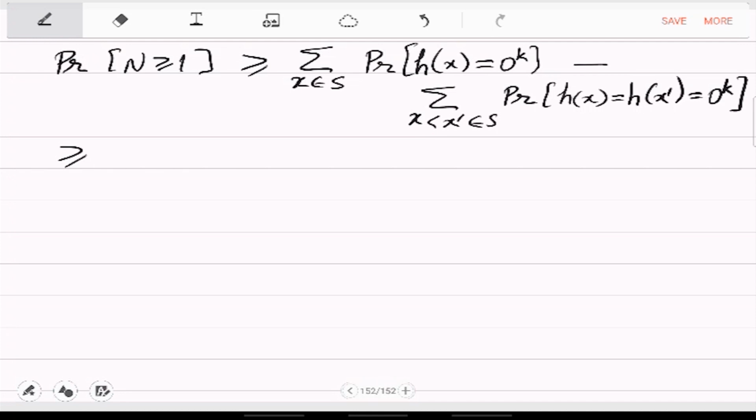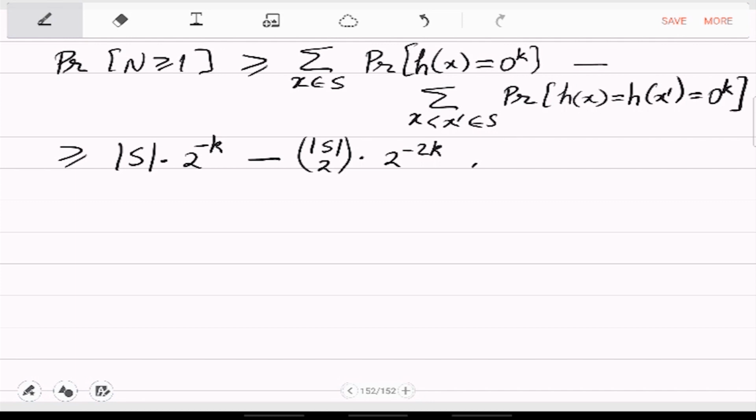The first term, by the properties shown in the claim, is 2 raised to minus k, and the next one is |S| choose 2 many pairs x, x', and for both x and x' going into the same bucket, that probability is 2 raised to minus 2k.